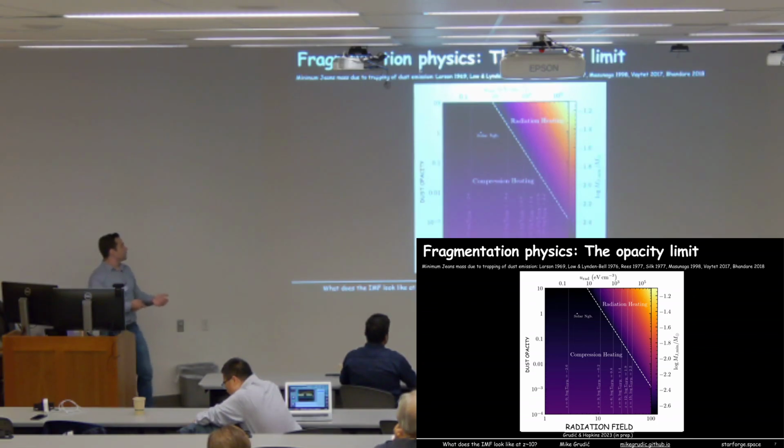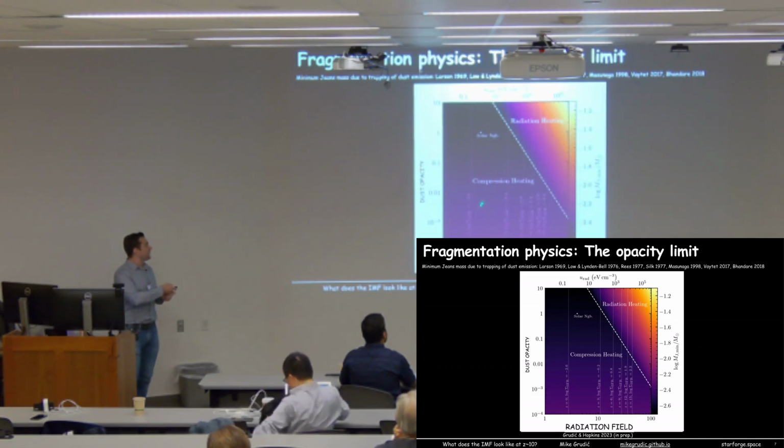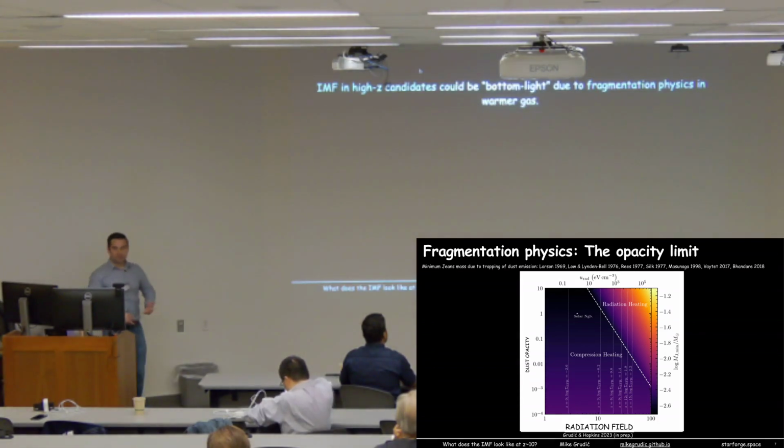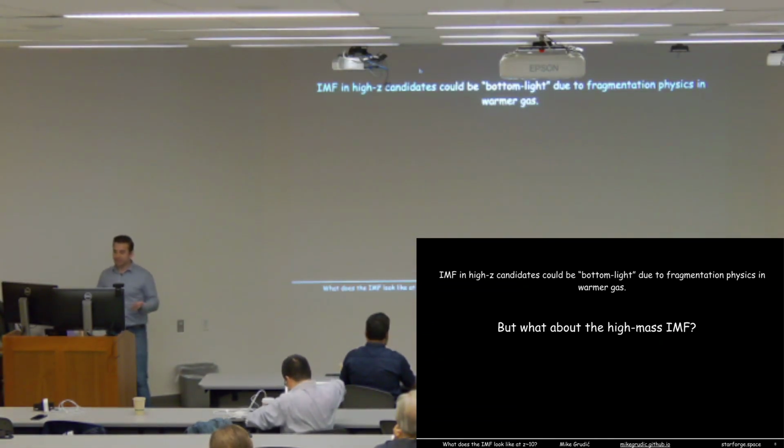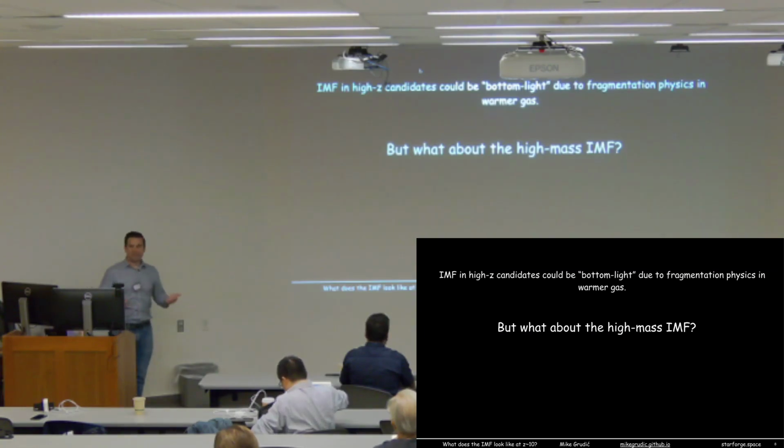What I found was that this minimum Jeans mass due to the opacity limit is larger both at lower metallicity and in more intense radiation fields. So based on the thermal processes dictating fragmentation, we can say probably that the IMF could have been bottom light at high z, but we really care about the massive stars, don't we?